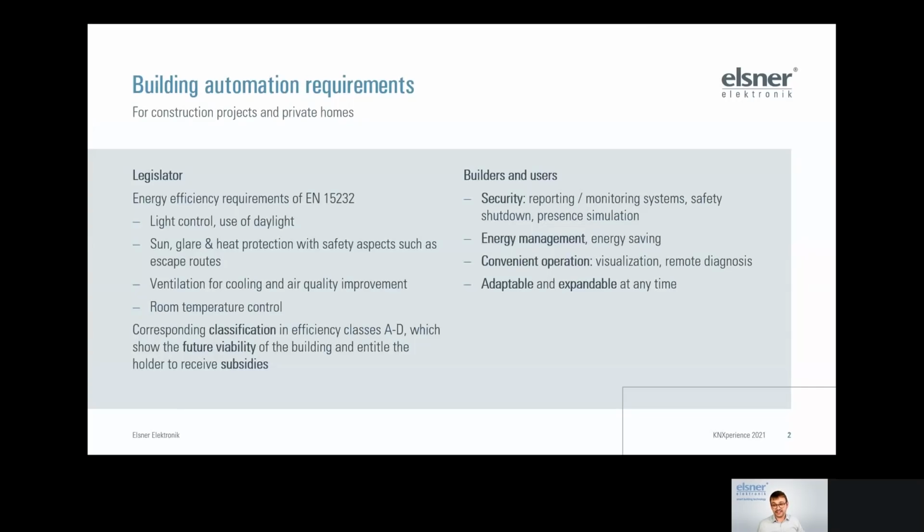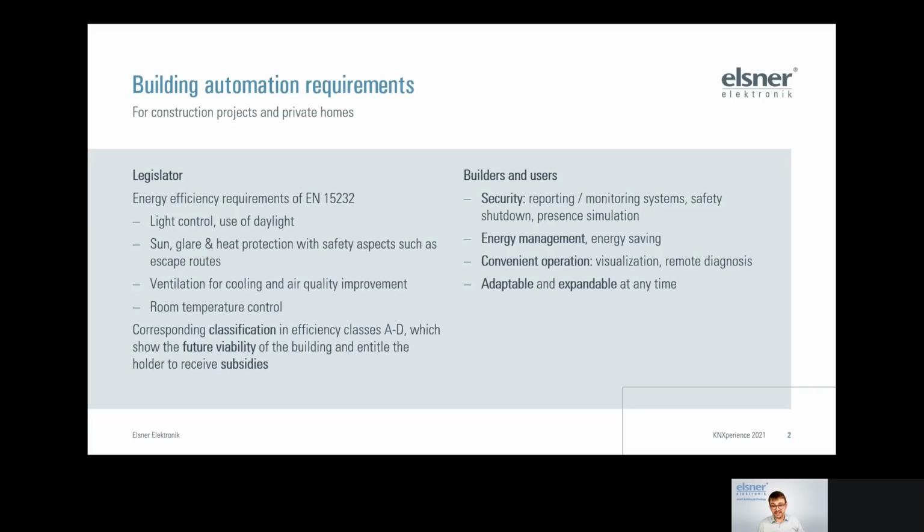In the contract sector and also in private houses, there are a large number of requirements for building technology. The basis are requirements of the national and international legislators. As an example, the European standard 15232, in which it is clearly defined how daylight is to be used in the area of lighting control and in the area of sun automation.